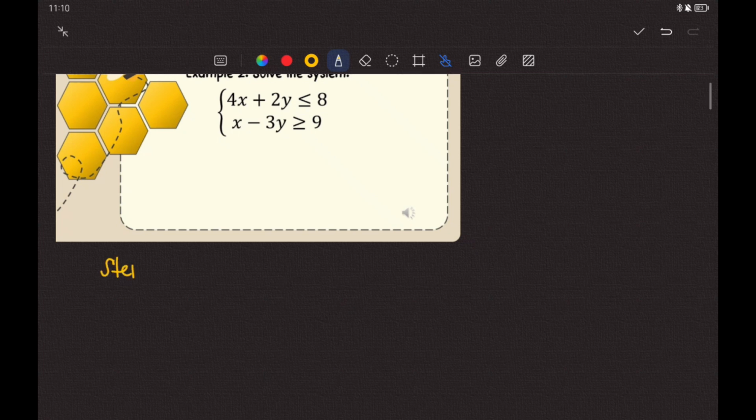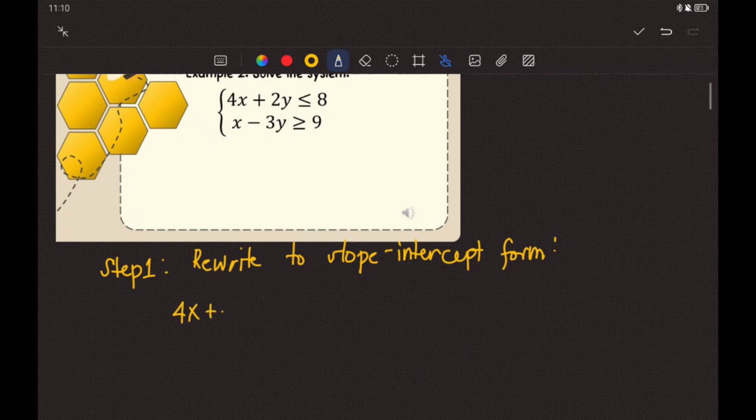So, for step 1, rewrite to slope-intercept form. So we have here, the first one, 4x plus 2y is less than or equal to 8.